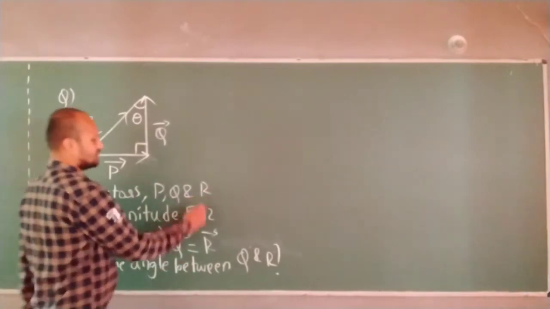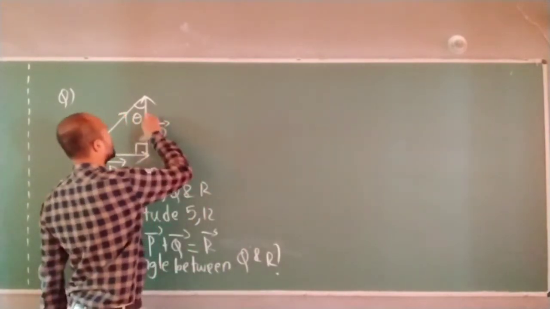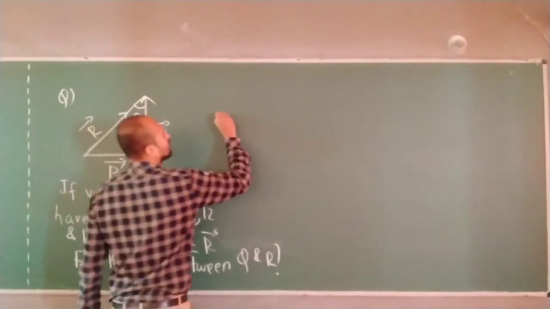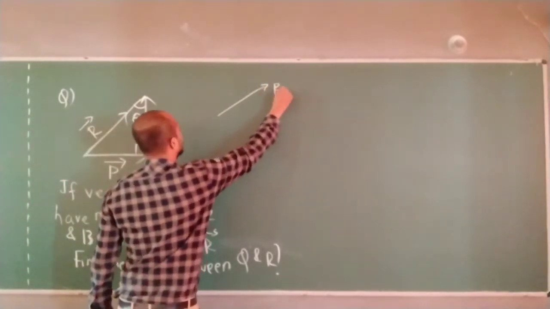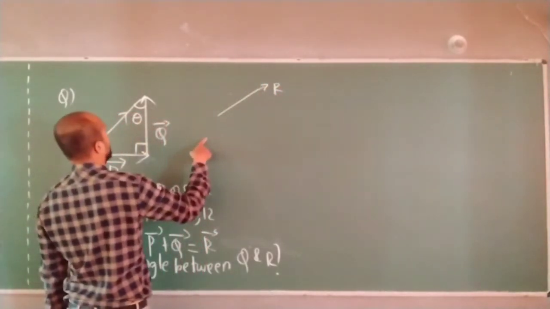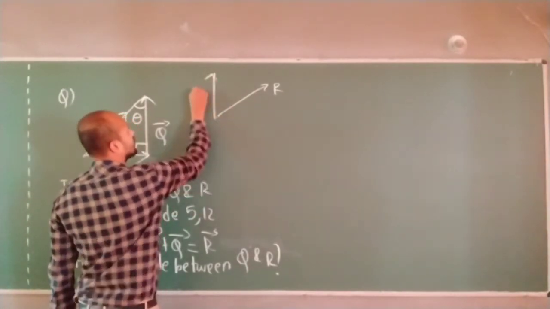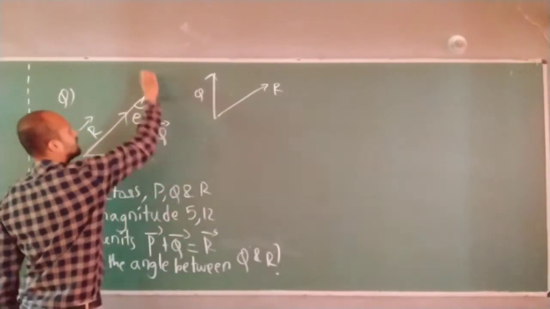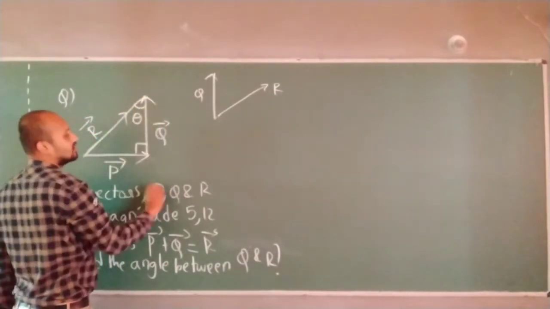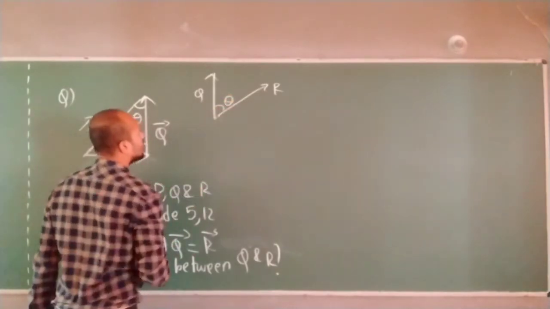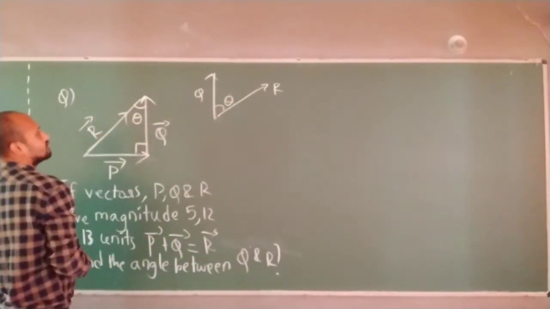He is asking the angle between Q and R. If I extend this R like this, and if I extend this Q like this, this is Q. I have shifted Q here, I shifted R here. This is the angle between Q and R. Correct now?